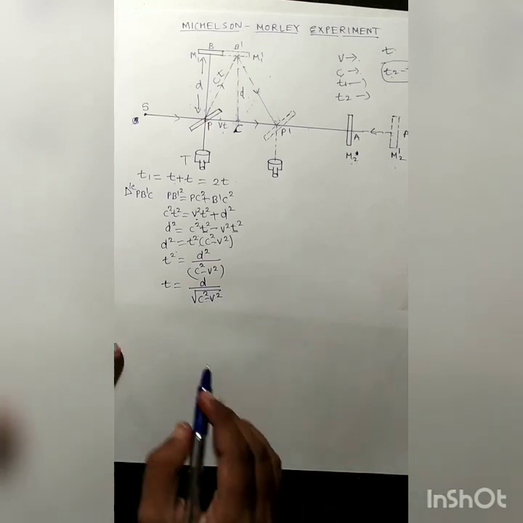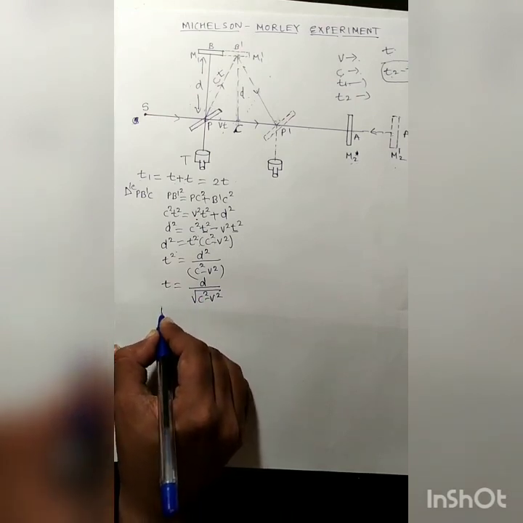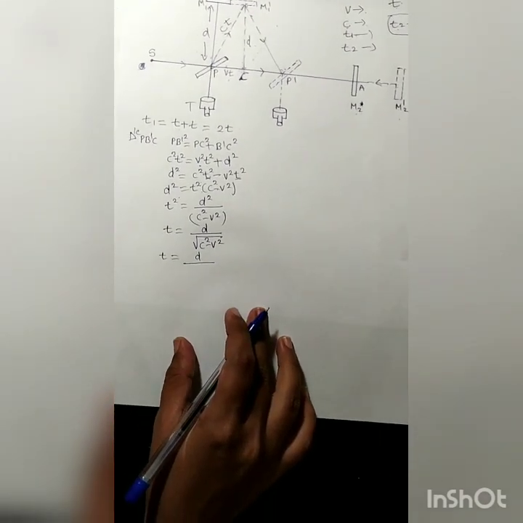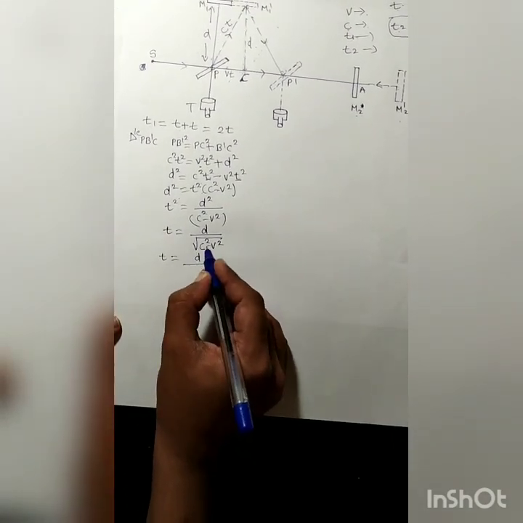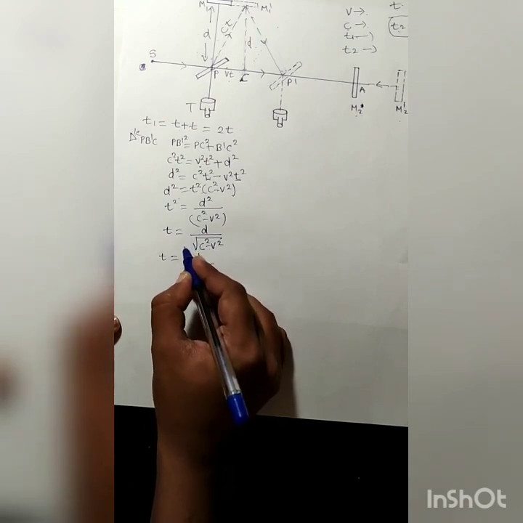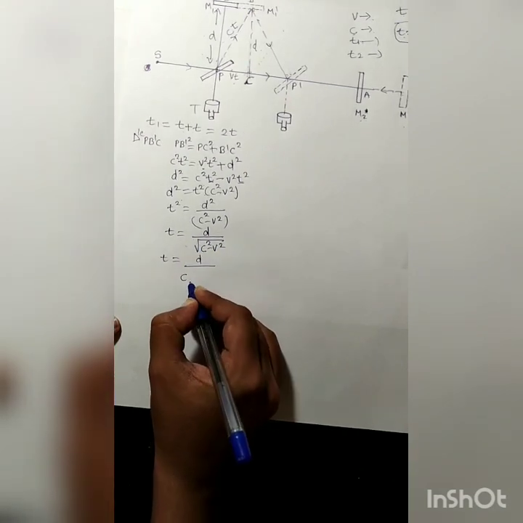We got the value. Now in this value, t is equal to d divided by, I will take c square outside. If c square is taken outside the square root, it becomes c. Okay, so c will come, and what is remaining?